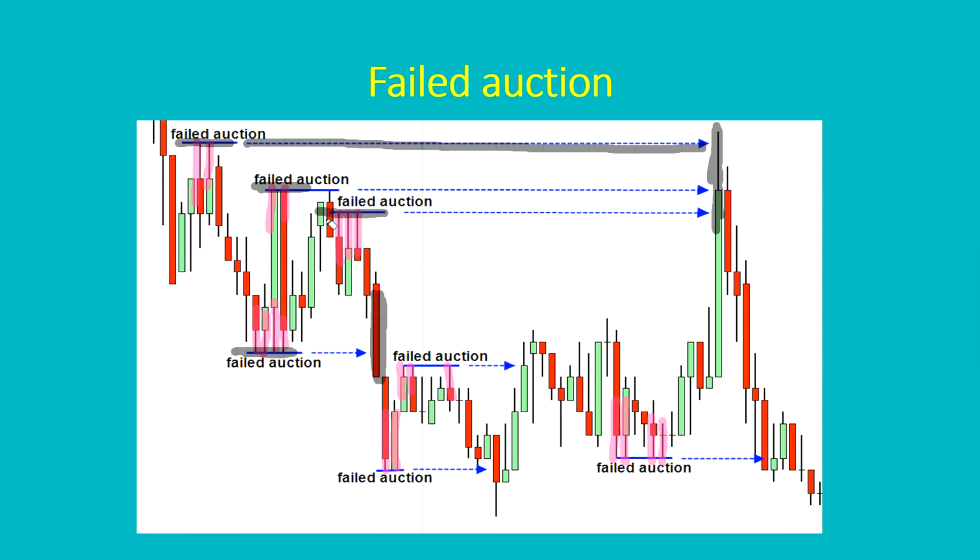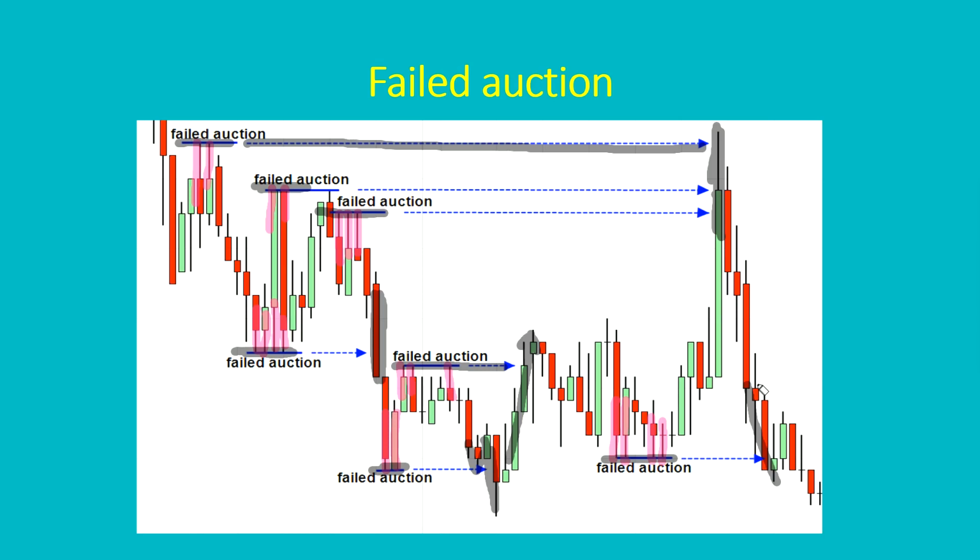This failed auction got tested also in here. Then this failed auction was tested in here and afterwards right there. And this failed auction got tested by this buying activity. And the last failed auction got tested in here.